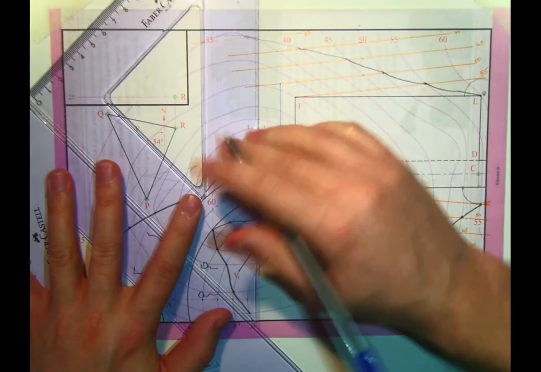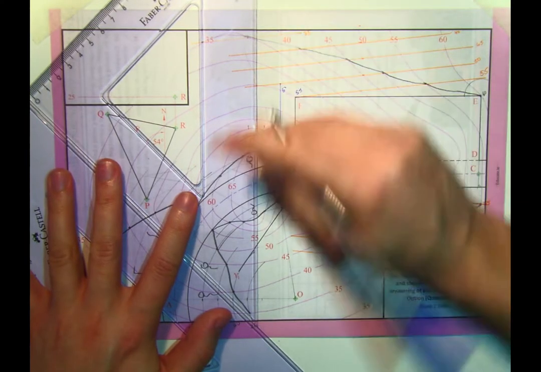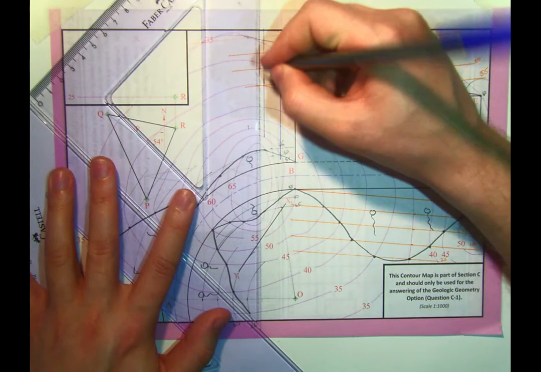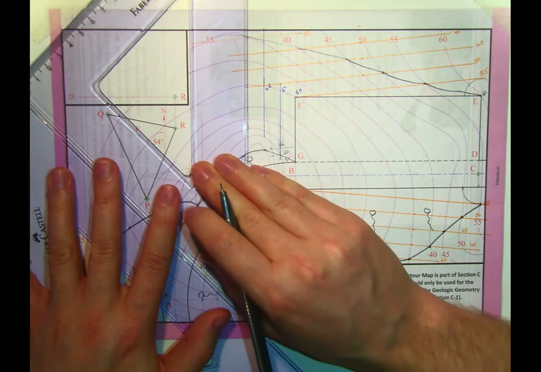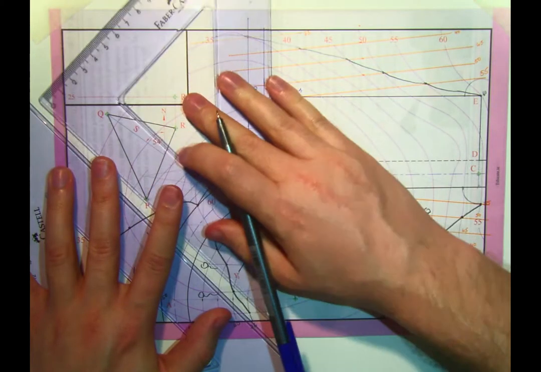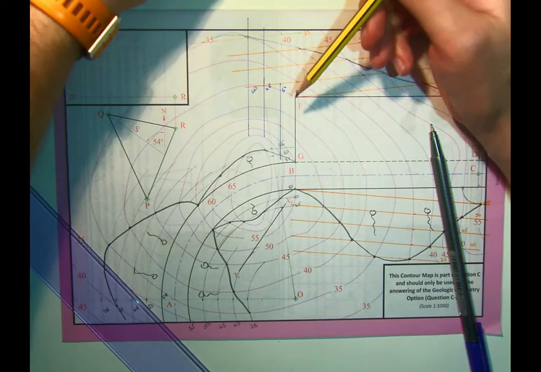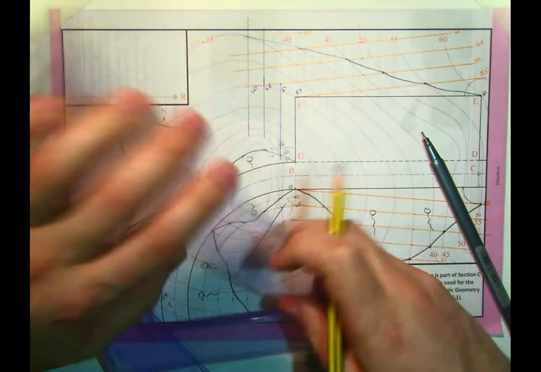So that there, this is 55, this is 50, 45, 40, and I think I need to go a little bit further. 55, 50, 45, 40, and just do it there to 35.